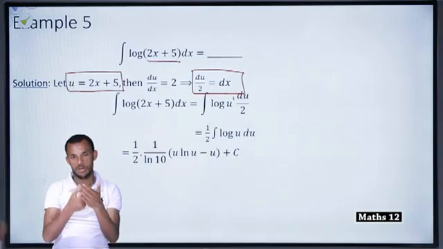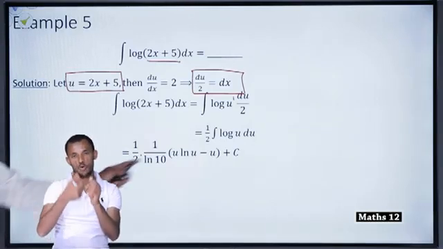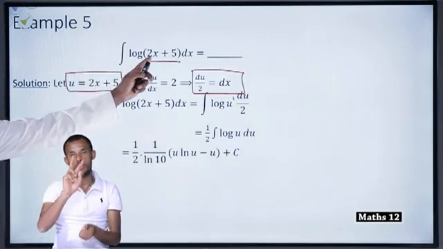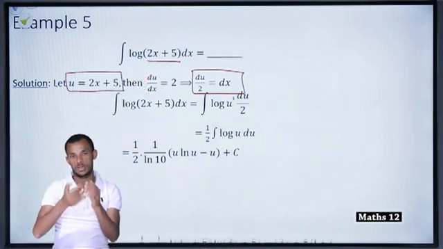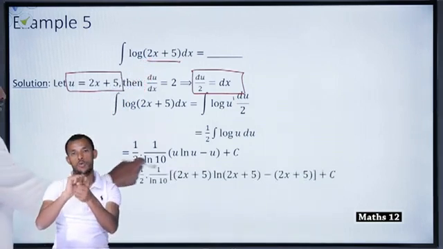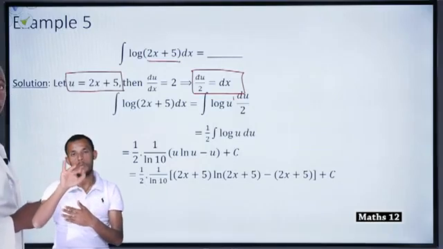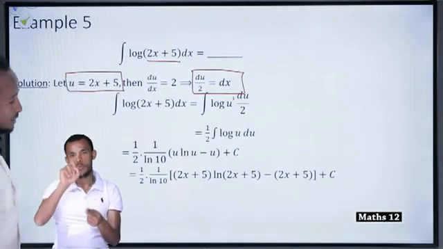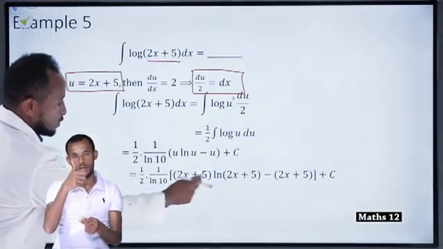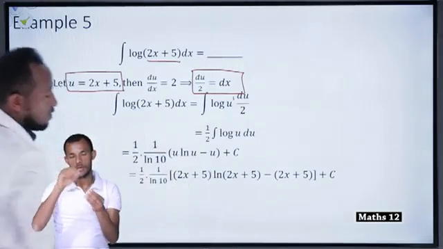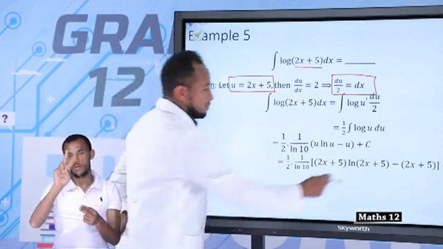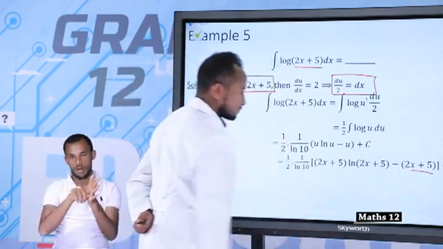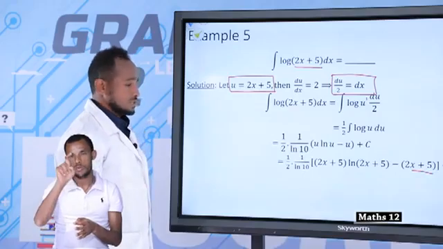So this is not the final answer. You have to change the variable u because the question is in terms of x. So let's change that. Substituting the value of u by 2x plus 5, you'll have 1 over 2 times 1 over ln 10 times 2x plus 5 times ln of 2x plus 5 minus 2x plus 5, plus some constant c.